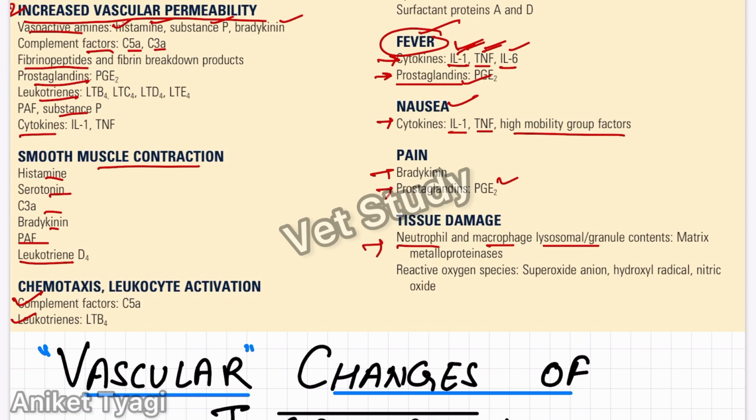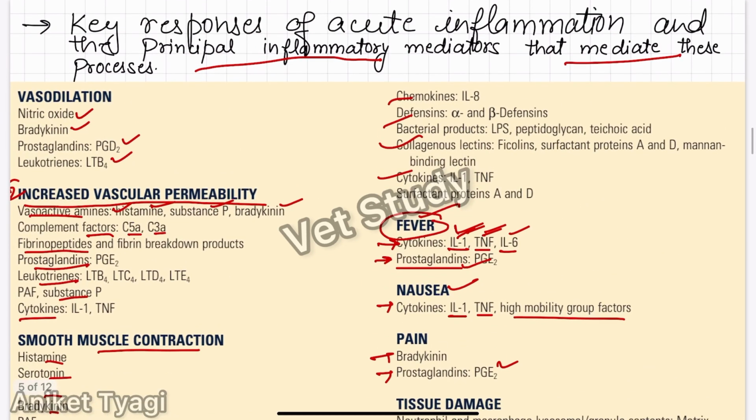After this phagocytic process, there will be reactive oxygen species like superoxide anion, hydroxyl radical and nitric oxide. So they will also be responsible for tissue damage. These are the different chemicals which are involved in acute inflammation.